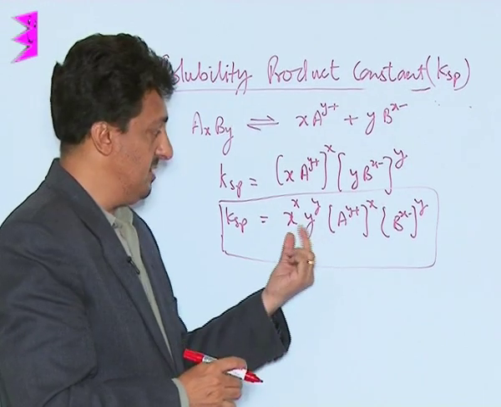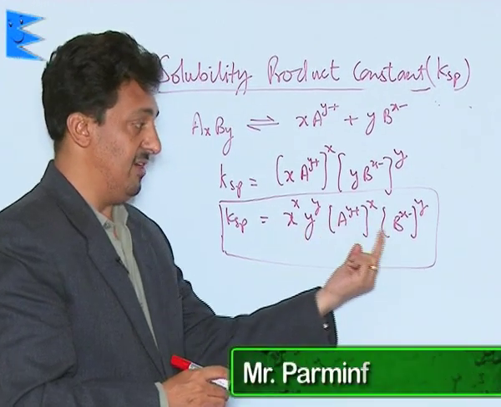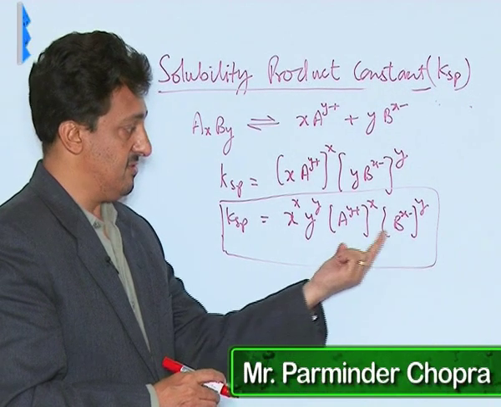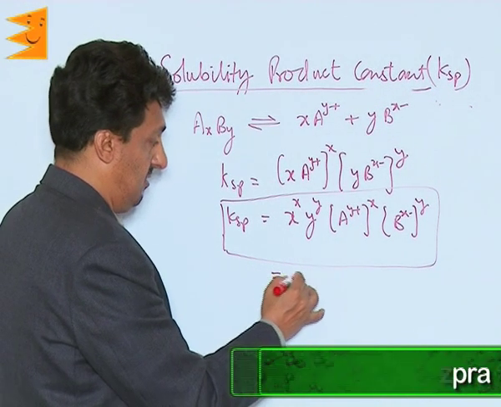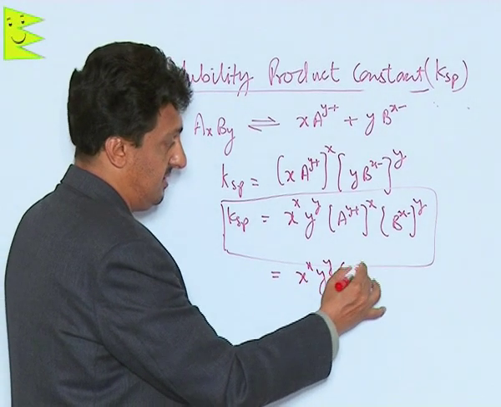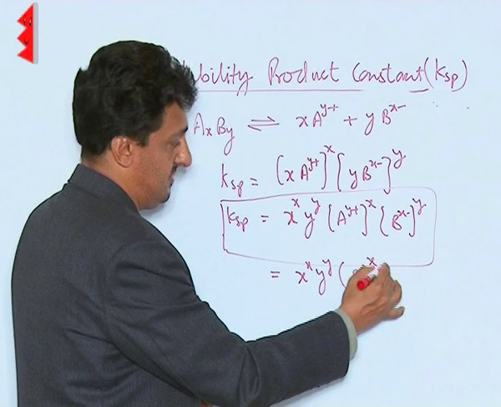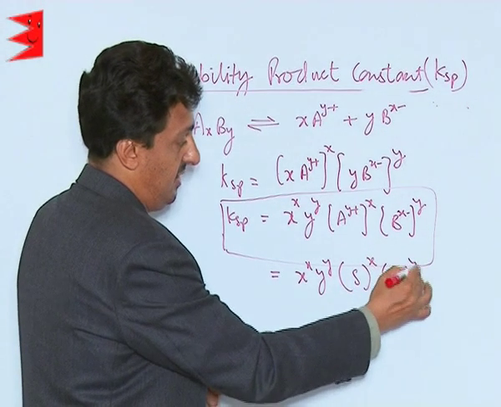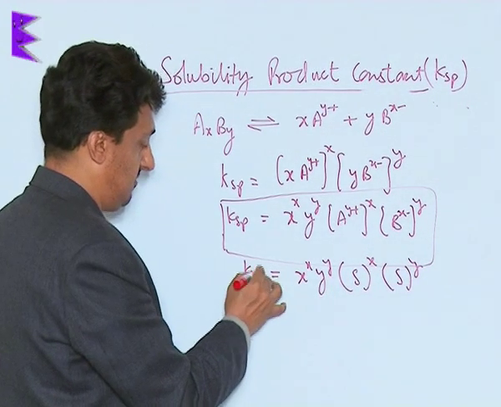And we can put the values of the solubilities here. So it will be x to the power x, y to the power y, solubility to the power x, solubility to the power y. This is how it is Ksp.